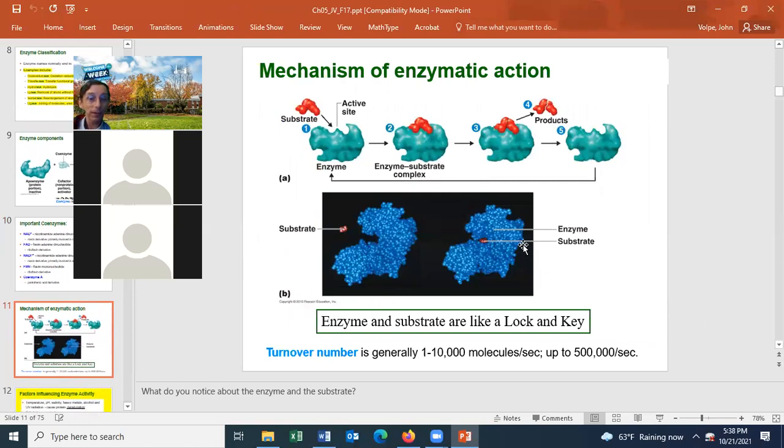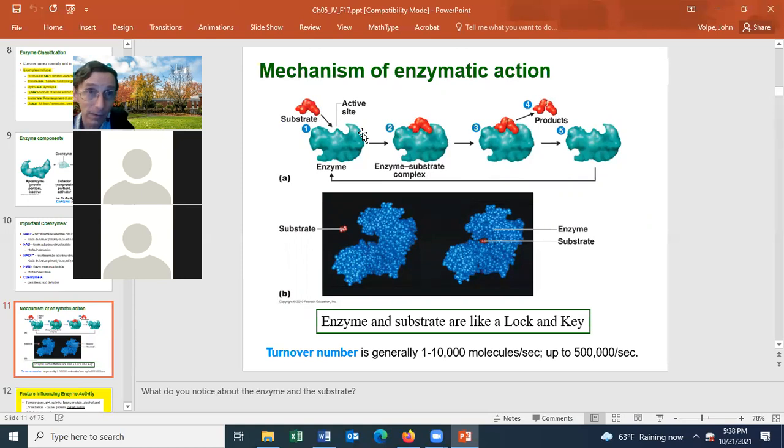So an enzyme is very specific to binding to a substrate, and an enzyme has an active site. That is the region of the enzyme that binds to the substrate. The active site has a three-dimensional shape, and the substrate will bind in that active site. And that binding is so specific that we can say an enzyme fits a substrate sort of like a lock and key fit each other.